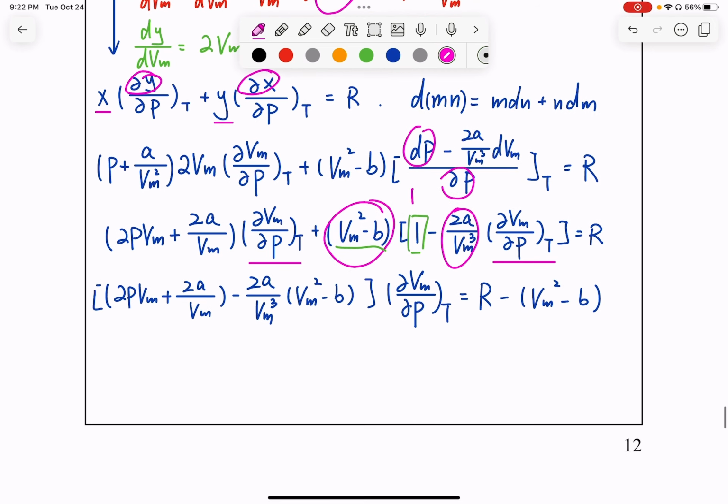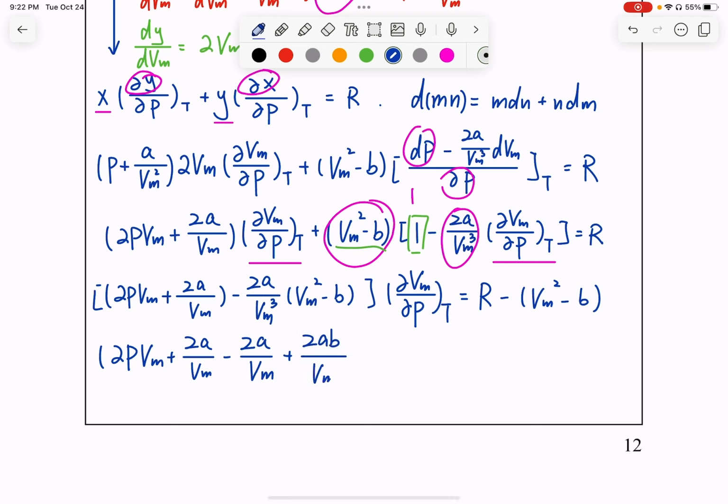All right. And in here, there are some of the terms that can cancel out. So we have 2pVm plus 2a over Vm minus 2a over Vm plus 2ab over Vm third times the partial derivative of Vm over p at constant T equals R minus Vm squared plus b.